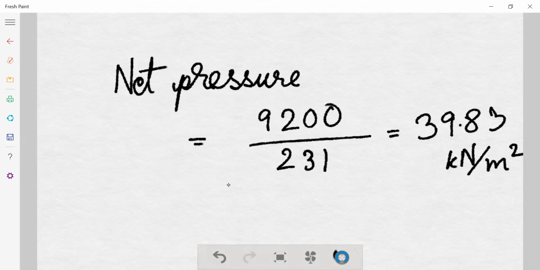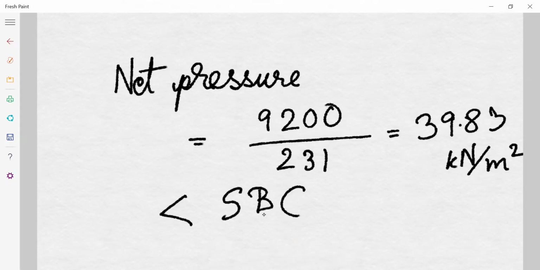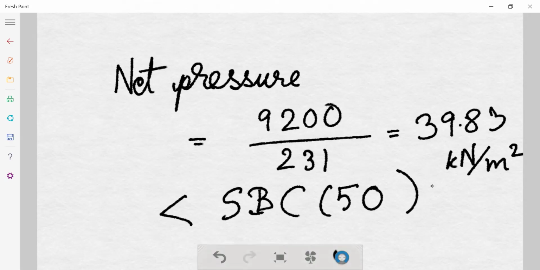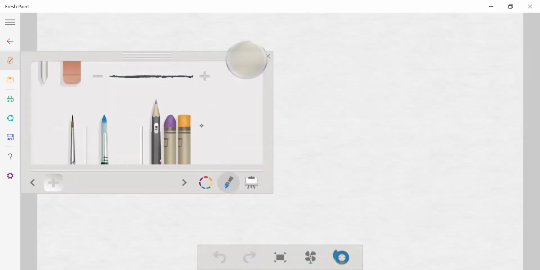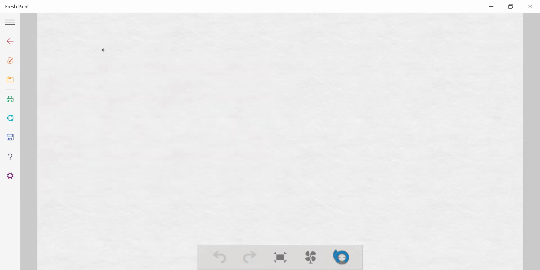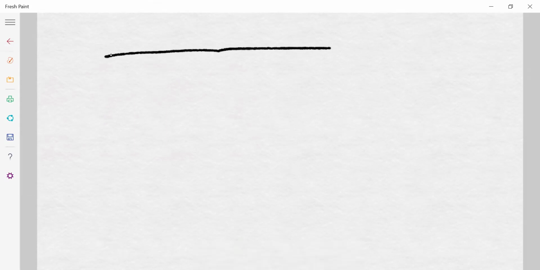Okay, which is actually less than the SBC of the soil. So SBC was given as 50. So that means it is okay. The area is adequate. Okay. So the net pressure is less than the bearing capacity of soil. Now let us go to the design. So now if I go into the diagram, if I just magnify it a little bit.